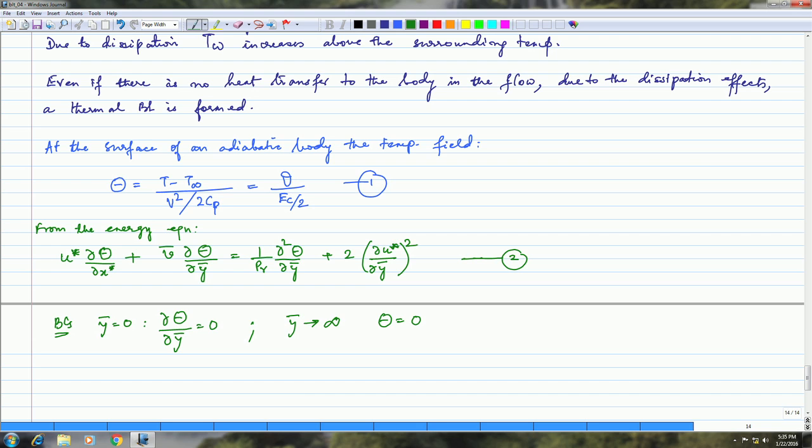All right. So then what we do is we solve equation 2.